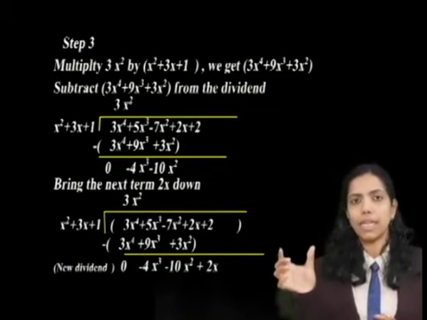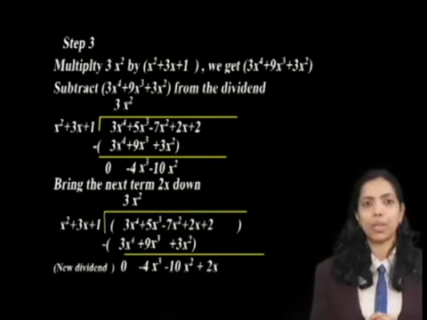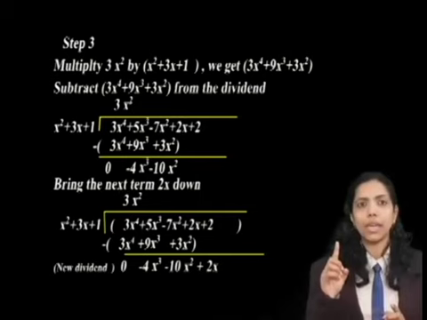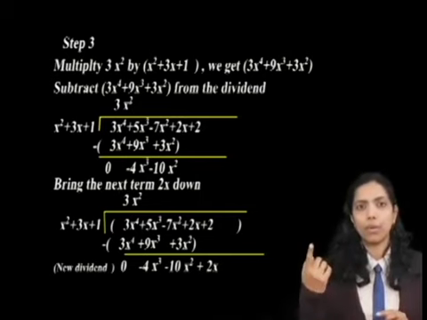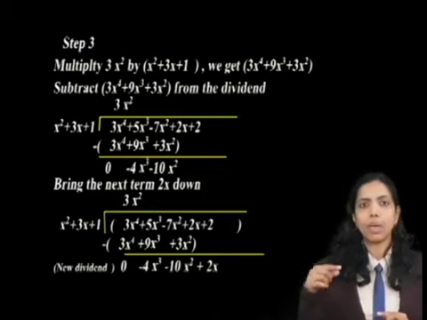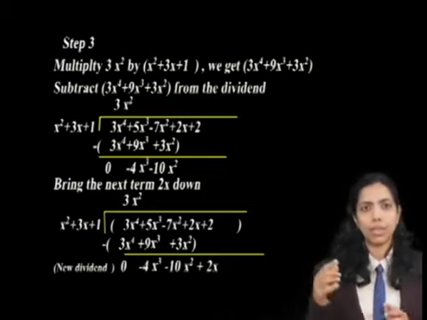That means each and every term inside the bracket has to be multiplied by 3x square. So by multiplying we get 3x to the power 4 plus 9x to the power 3 plus 3x square.